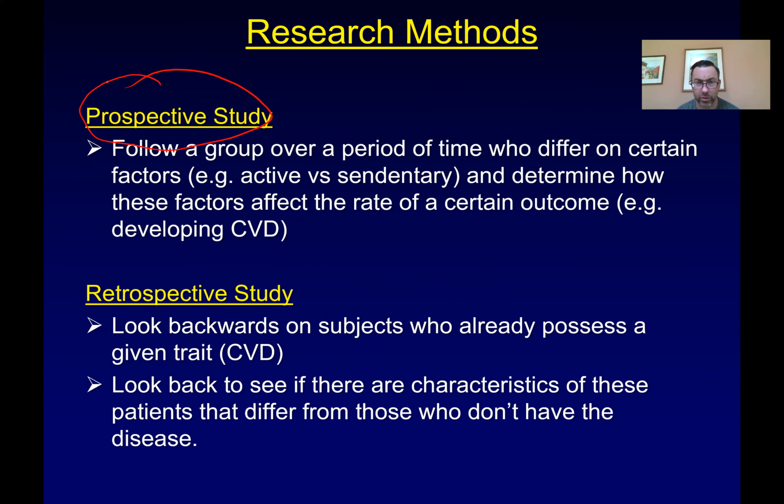And so a prospective study is where we find a group of people and we follow them over some period of time and we determine how those factors, if they're similar on certain factors or they're different on certain factors, are going to alter or affect some other dependent measure. Okay.